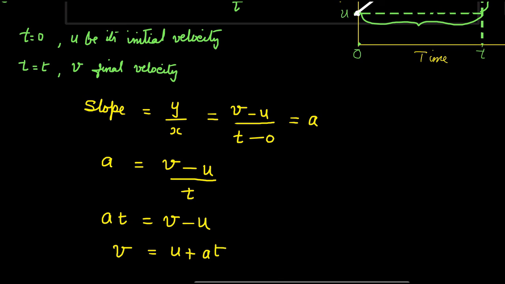So the final velocity of the object is the summation of its initial velocity and the product of acceleration and time taken. Thank you.